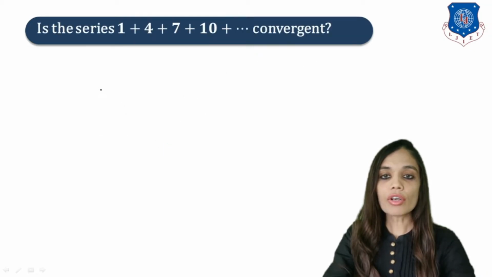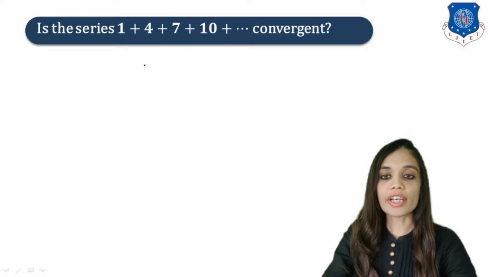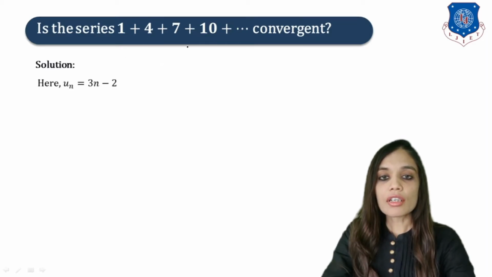Okay. Now let us study one more example. Here is the series 1 plus 4 plus 7 plus 10 plus and so on. We have to check whether it is convergent or not. So let us start the solution. Firstly we will simplify this and find our un.